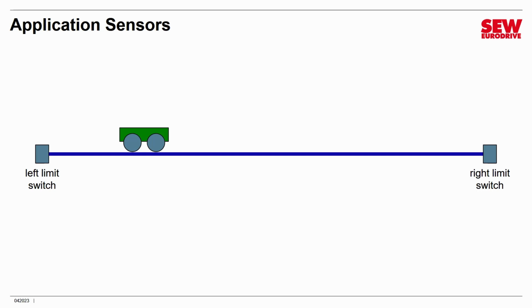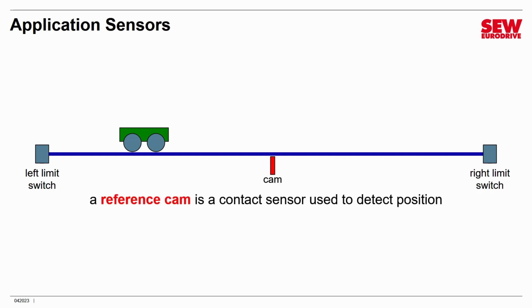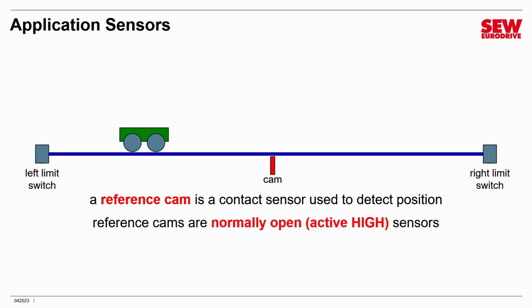And then your third kind of application sensor is the reference cam. This is a contact sensor, and it's used to detect position. Usually the travel mechanism bumps the cam, and it outputs a pulse. They are normally open or active high sensors, so they're the opposite of limit switches, and that is because they are not mission critical.